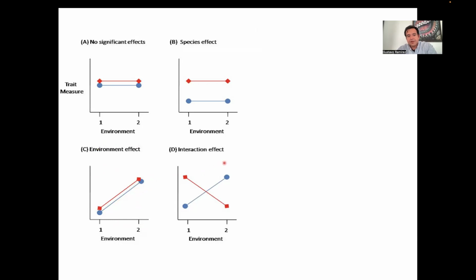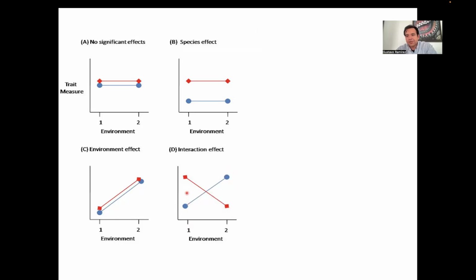Okay. Here we've got an interaction effect now. So the mean across environments is not changing. I hope you guys can see that now. Again, this red dot represents a mean of a bunch of other red dots around it. This blue dot represents a mean of a bunch of other blue dots around it. The same thing here and the same thing here.